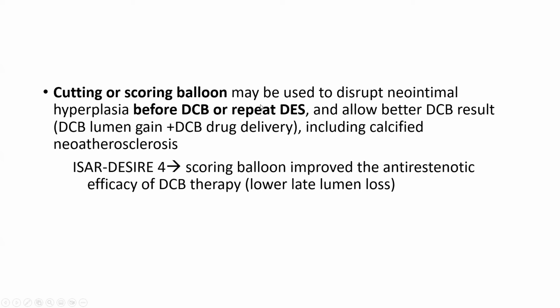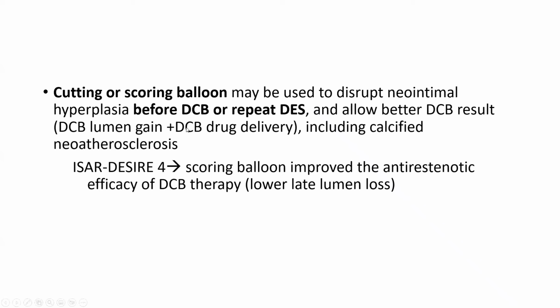Cutting balloon or scoring balloon like AngioSculpt may be used to disrupt the neointimal hyperplasia or the neoatheroma before DCB or repeat DES. It allows better DCB results. It's particularly valuable before DCB because it allows better lumen gain with balloons, so better balloon result in general, so that you can treat the lesion with DCB and not have to stent.